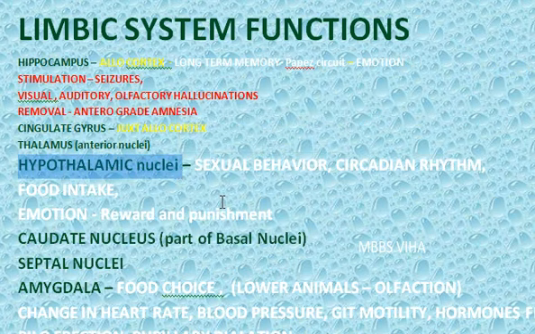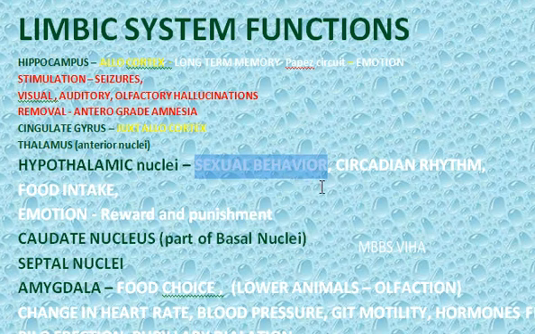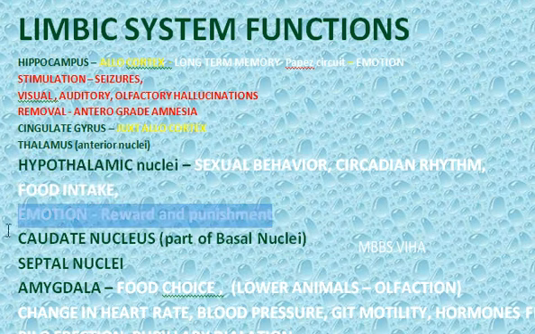What do these do? You just saw reward and punishment. Something else you should know: sexual behavior, the sexual part of emotion, circadian rhythm, and food intake. All this is controlled by the hypothalamic nuclei.